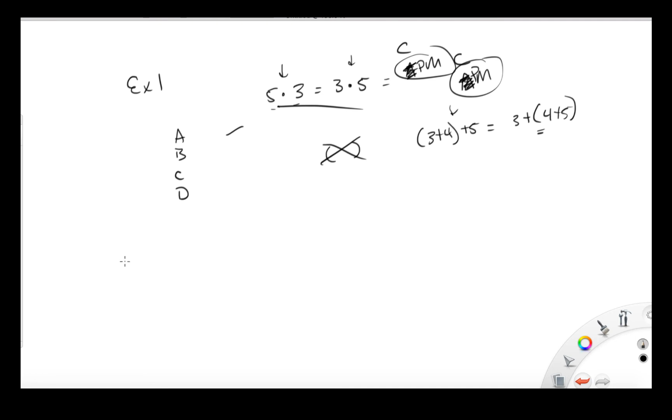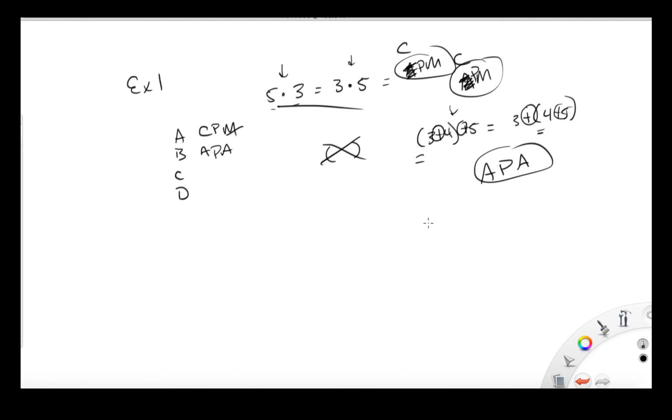Let me get it right here. This with parentheses is associative property. And what are we looking at? What operation are we doing? We have addition signs all over the place, right? So it's associative property of addition. So B is APA, associative property of addition.